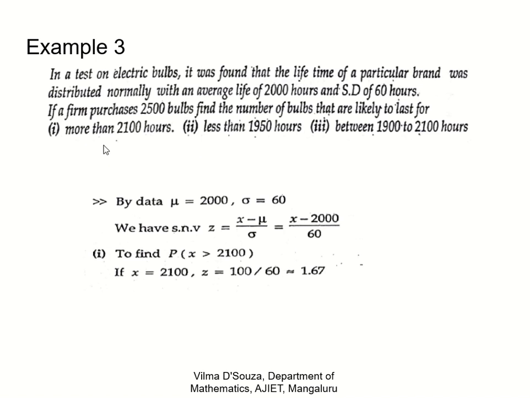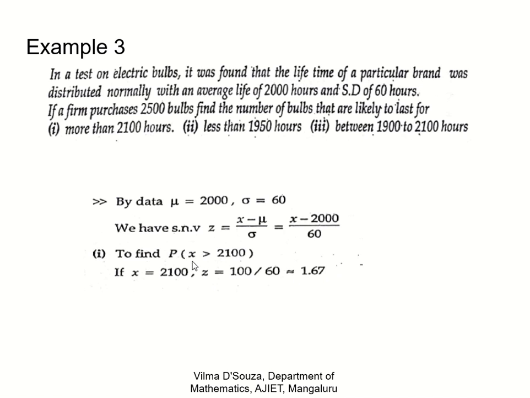For the first one, you need to find P of x greater than 2100. So when x is equal to 2100, what is your Z? 2100 minus 2000 by 60, that is 100 by 60. It will be 1.67. So when x is 2100, Z is 1.67.